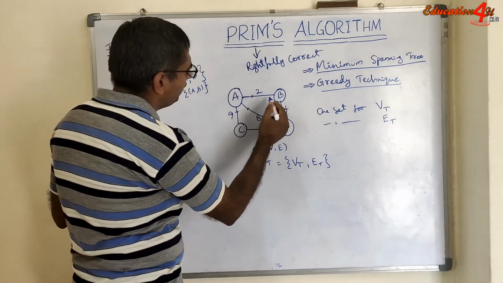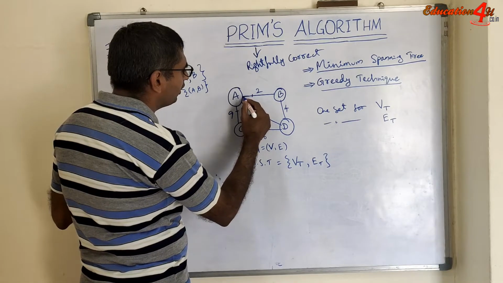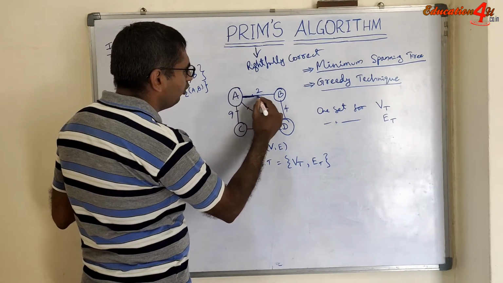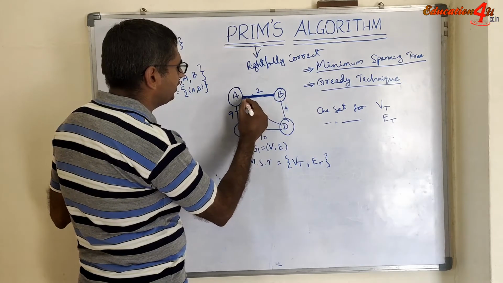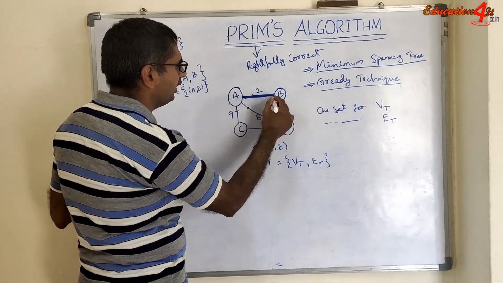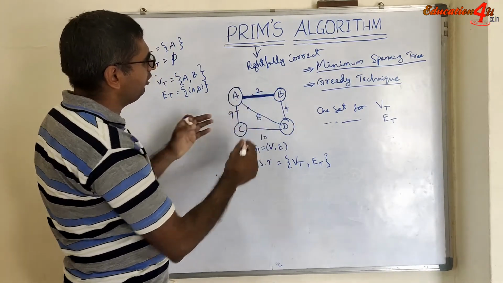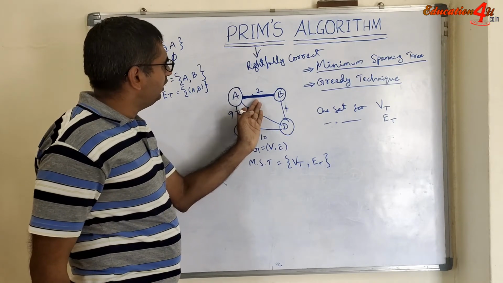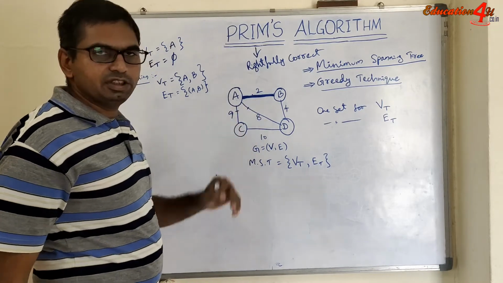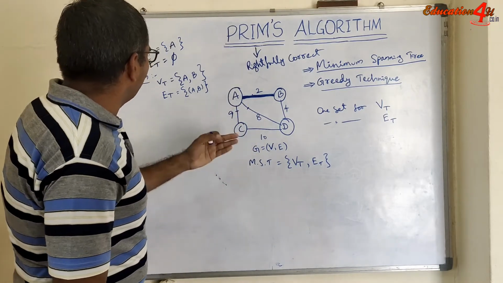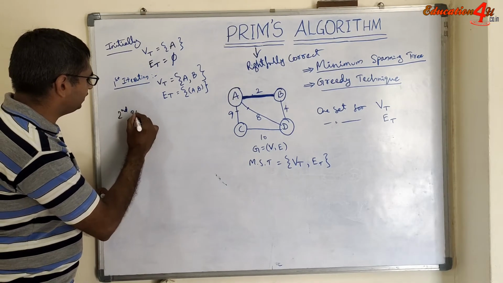Now how do we denote it in the graph? In our graph we will bold this edge so that we can differentiate it from other edges. So now by seeing the graph we can easily come to know that we have selected this edge in the first iteration. Now let's move on to the second iteration.